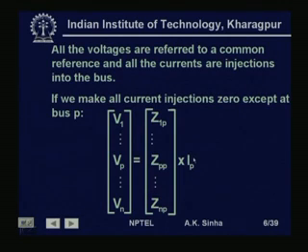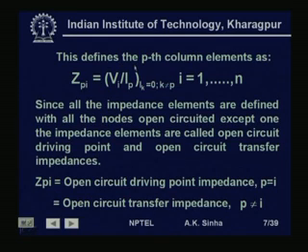If we do this, then we will get ZIP as VI by IP, where Ik is equal to 0 with k not equal to p. That is, we will get all the elements of the pth column, for I equal to 1 to n, that is ZIP, by keeping all the currents 0 except the pth current injection.